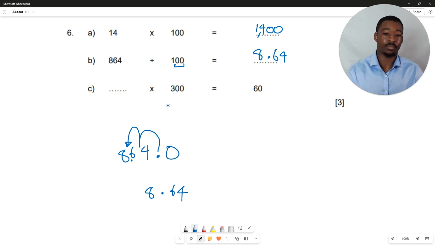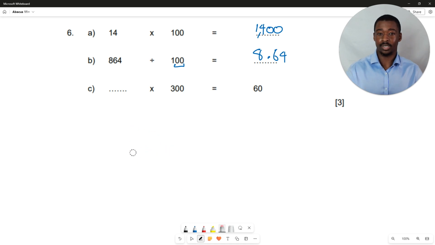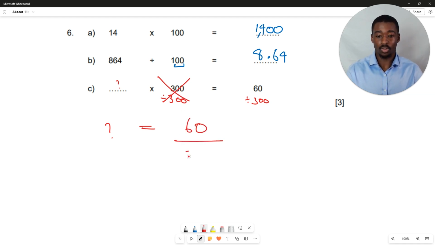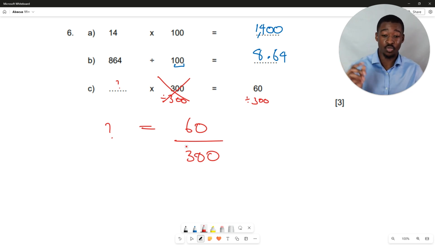And then we have something times 300 equals 60. So we did a kind of question like this already. What do we do? We rearrange the equation. And we want to get this thing on its own. So we divide both sides by 300. So left-hand side, divide by 300. This should cancel. Right-hand side, we have 60 over 300. This is a very nice fraction here. So here we can take out some common factors, right? We simplify this by taking out common factors, numbers that go into both the numerator and the denominator.